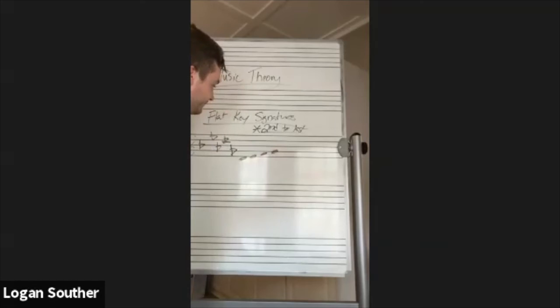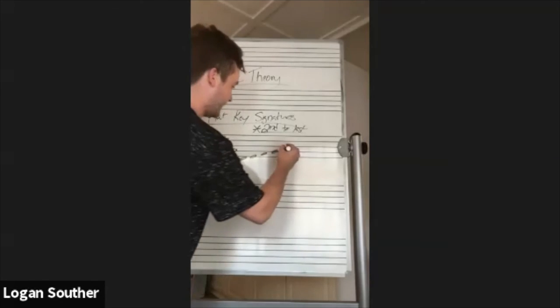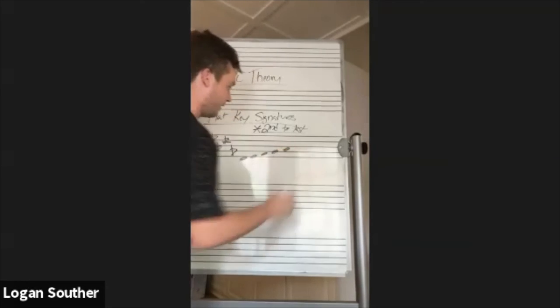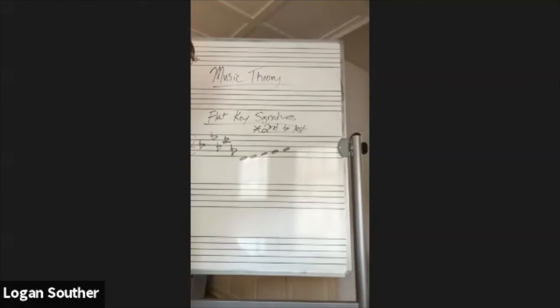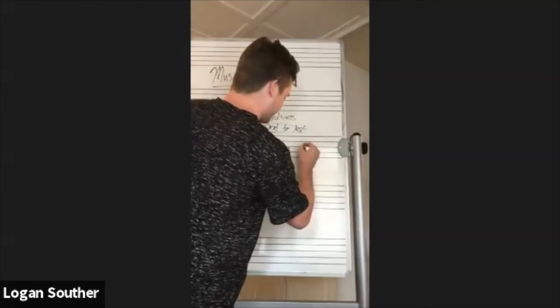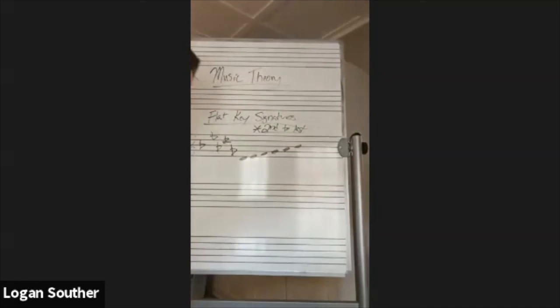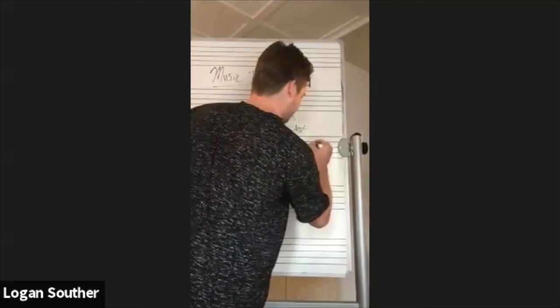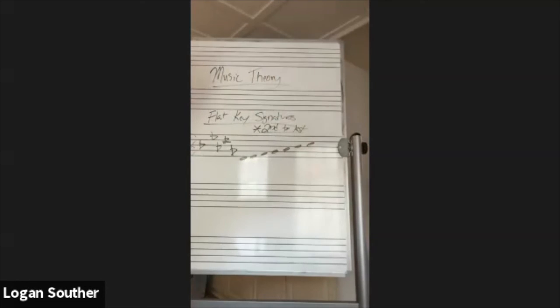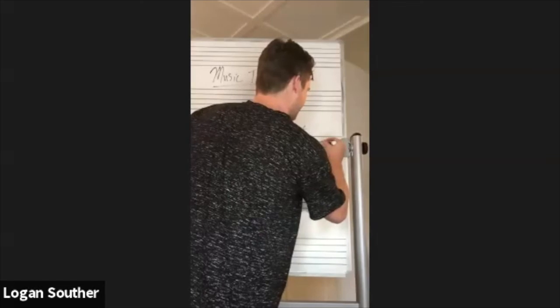Whole step above G flat, be A flat. Whole step above A flat, be B flat. Now a whole step above B flat, C natural. And a half step gives us D flat.